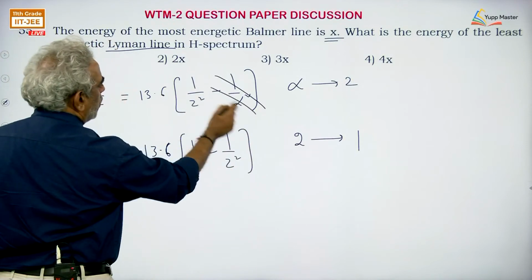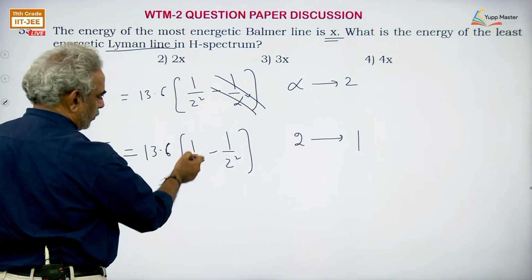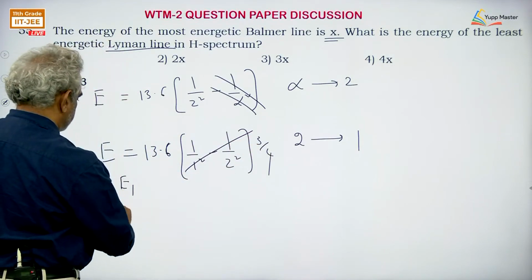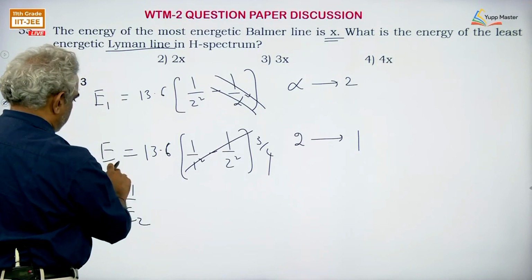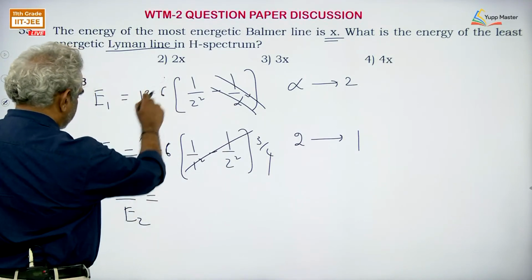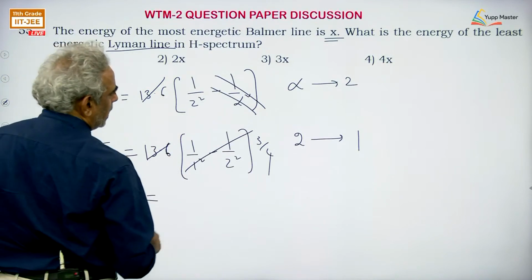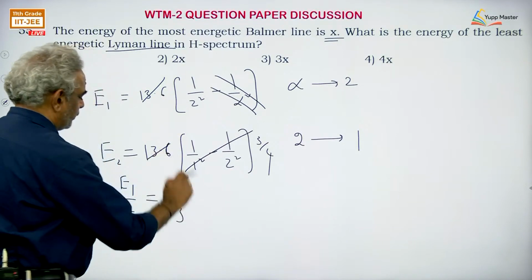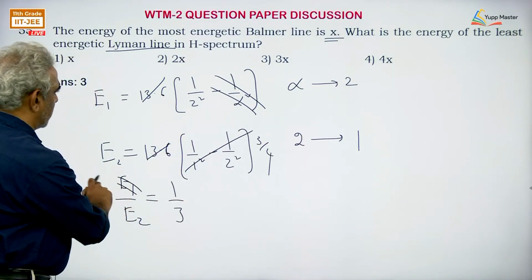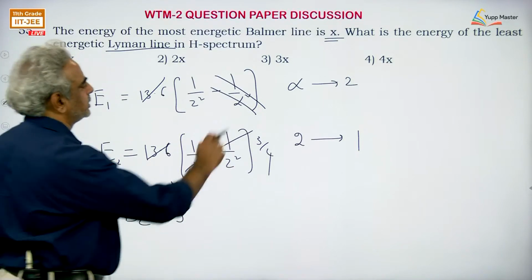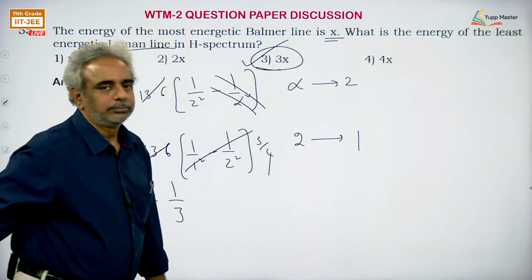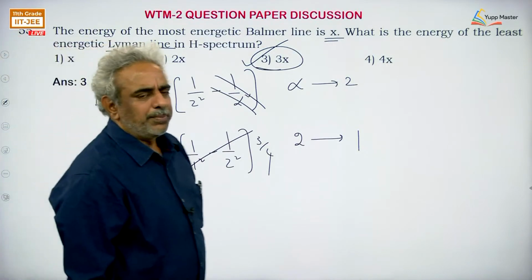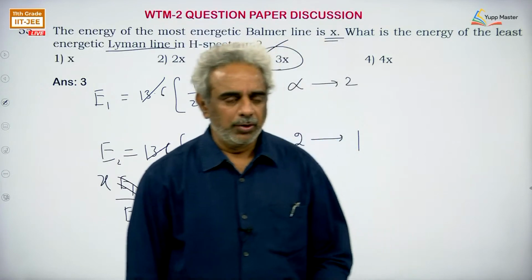And this is going to be 1 minus 1 by 4, 3 by 4. So E1 by E2, I'll call it E1, I'll call it E2, 13.6 gets cancelled, and I am going to get 1 by 4 by 3 by 4, which means 1 by 3. And this E1 is given as how much? X. So E2 will be 3x. So simply energy calculations we are working out.